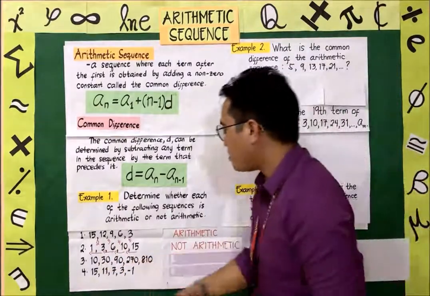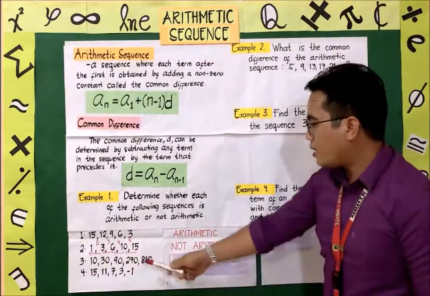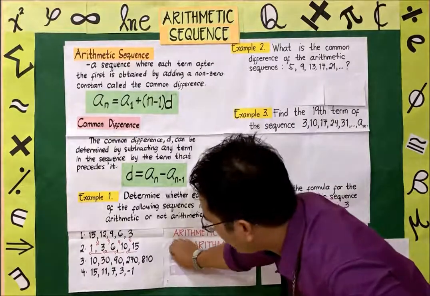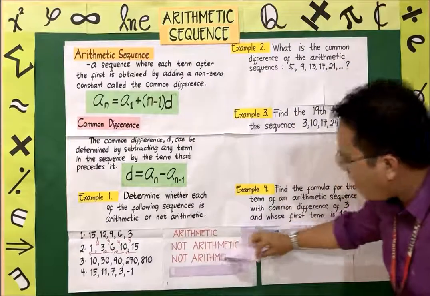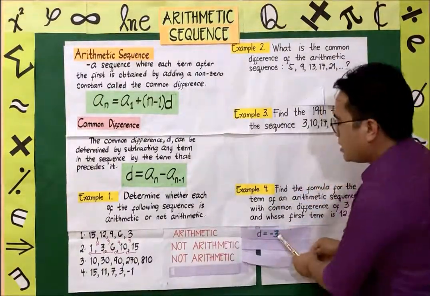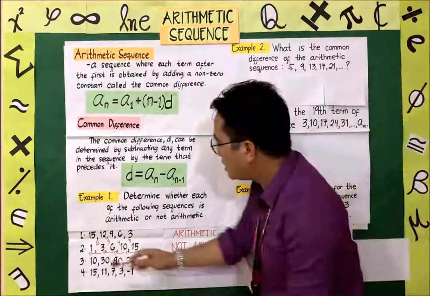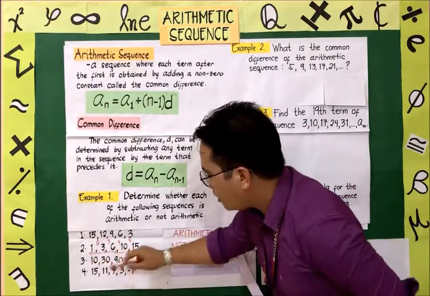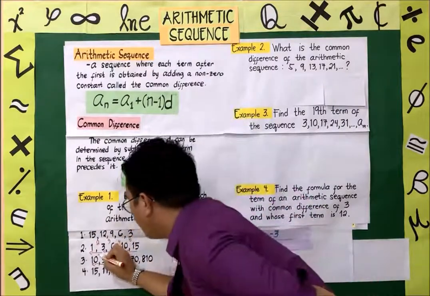Number 3, we have 10, 30, 90, 270, and 810. So, is number 3 an arithmetic sequence? Okay, so it's not an arithmetic sequence. Bakit hindi siya arithmetic sequence? Mapapansin din natin dito na the common difference for 30 minus 10 is 20.